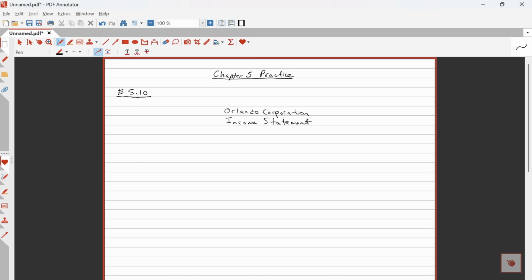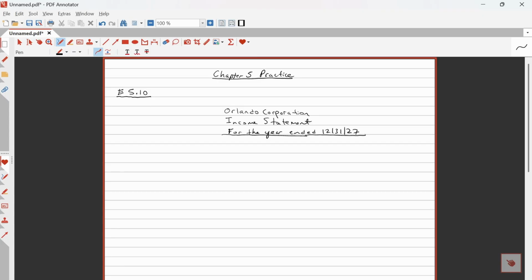In this case, it's for a period of time, it's for a year. If we were reporting revenues and expenses over the most recent month, then we would say for the month ended, or whatever, but for the year ended. So that's the heading of the financial statement, the income statement.